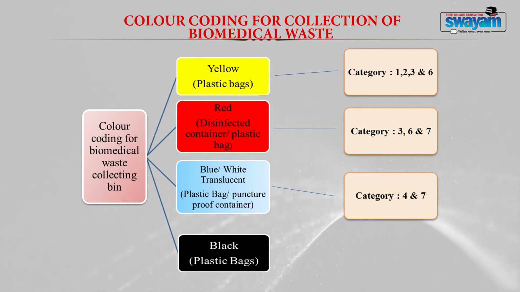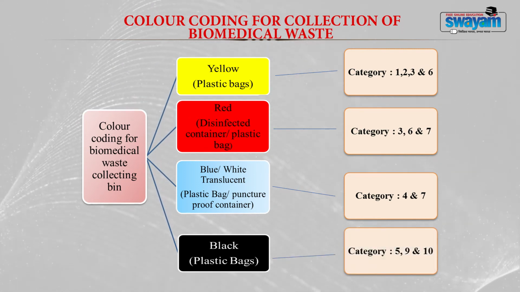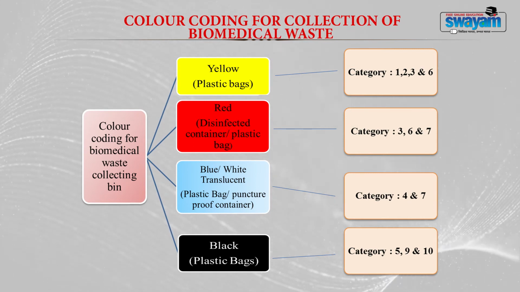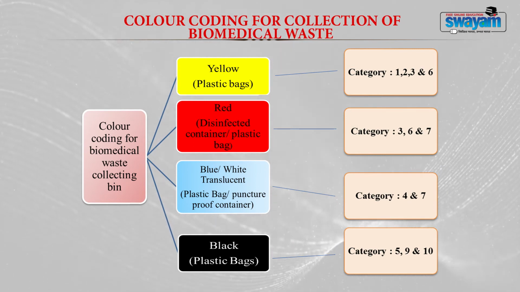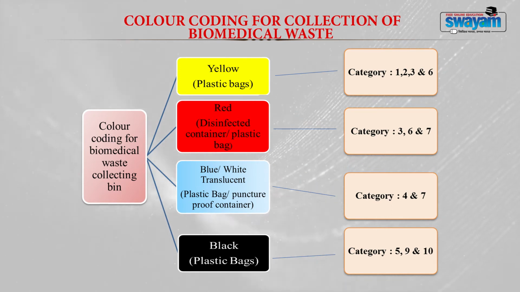The last color code that you generally use for biomedical waste collection is black bags, which is for category 5, 9 and 10. What are category 5, 9 and 10? 5 is discarded medicine or cytotoxic drugs, 9 is incineration ash and 10 is chemical waste.